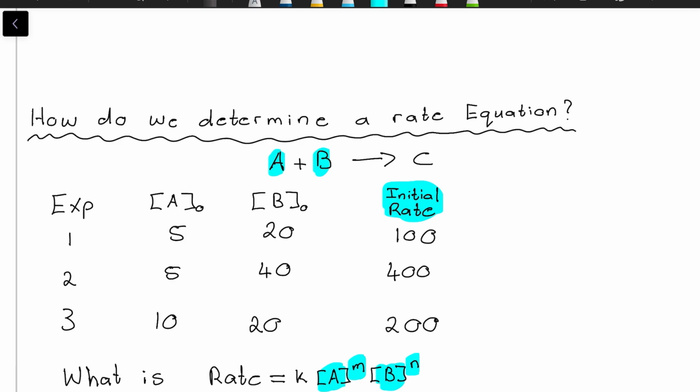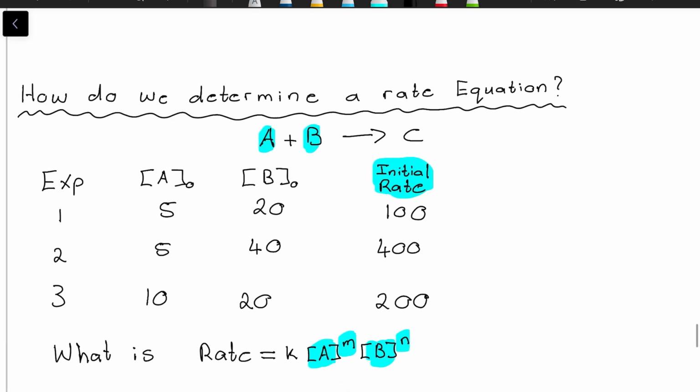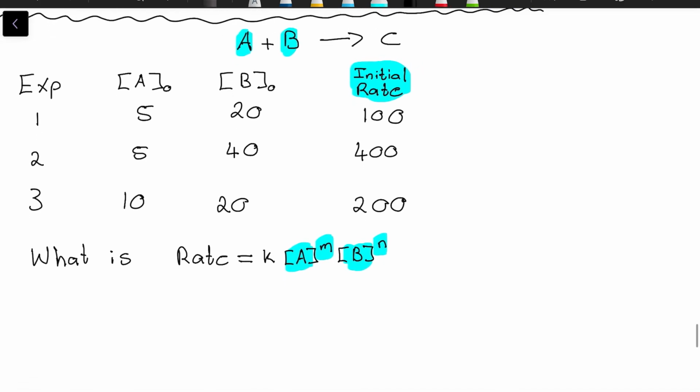Okay, and we need to set up these experiments quite well, because what will happen if we vary both of the reactant concentrations at the same time? Would we get any useful information about the reaction? Yeah, I mean, we would know that the rate will probably increase or something will happen, but we won't get any useful information about either B or A, right?